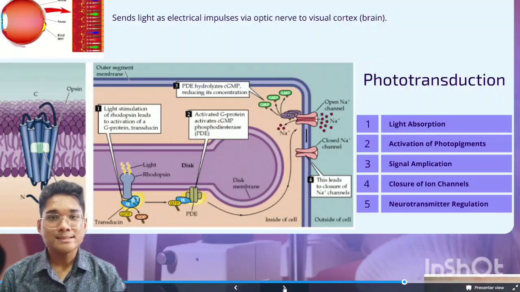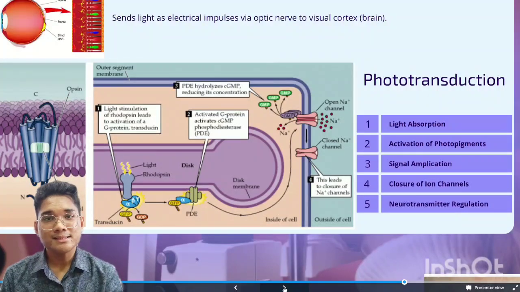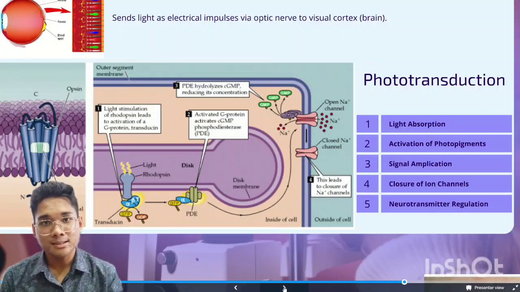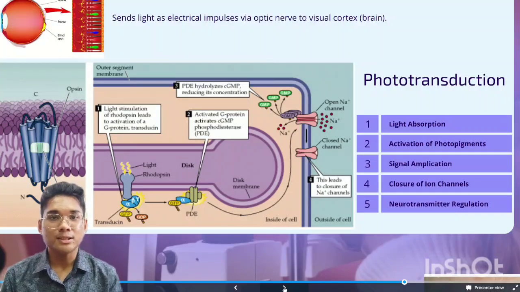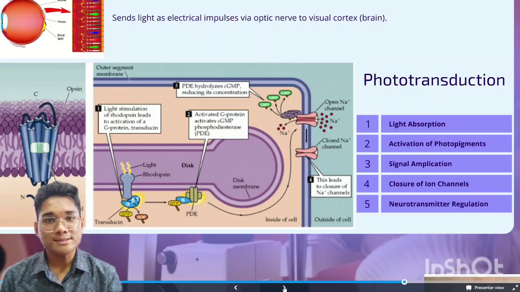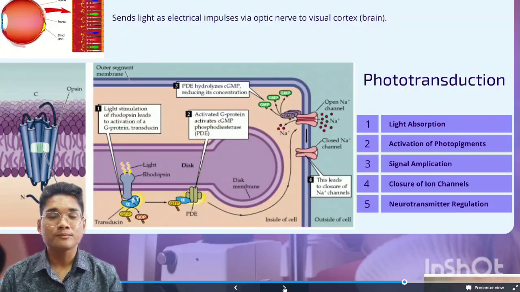The third, signal amplification, in which the rhodopsin triggers a cascade of chemical signals involving the G protein called transducin. In the fourth stage, ion channel closure. This chemical reaction causes sodium channels to close, changing the electrical state of the photoreceptor.